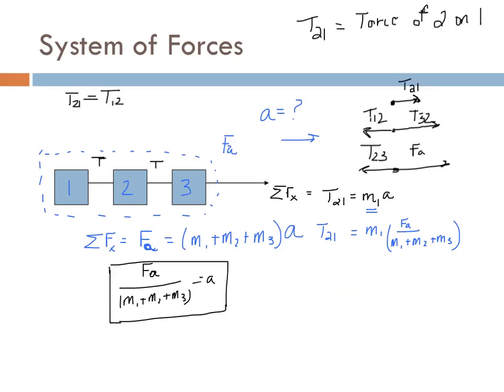Now for the second one, I have T32 minus T12 is equal to mass 2 times acceleration.